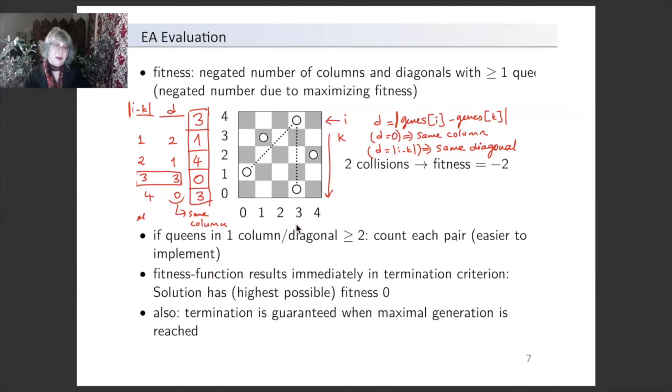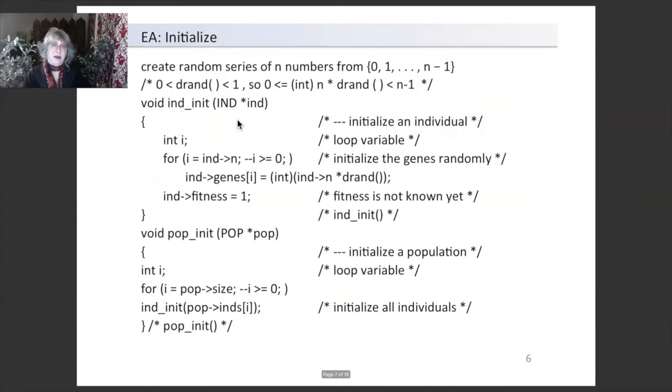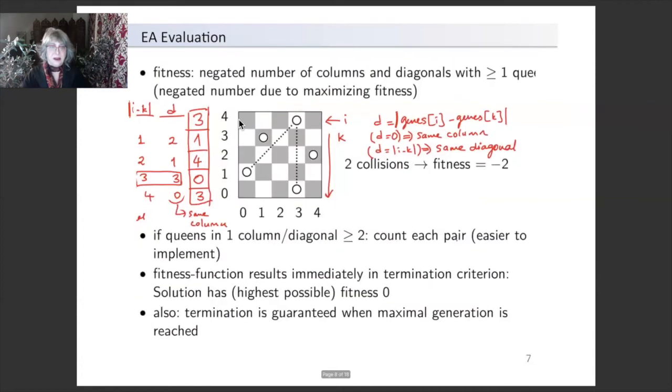For this sample case, for this solution candidate, there are two collisions. So fitness is equal to minus 2. If fitness is 0, it means that no queens are attacking each other. It's the solution.